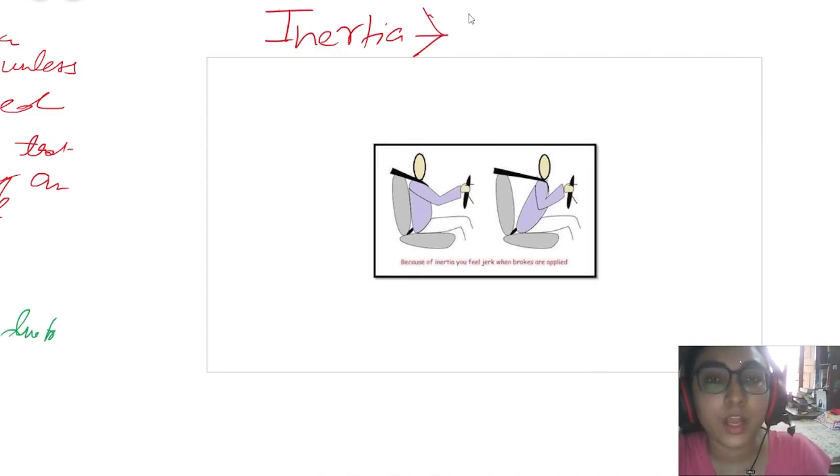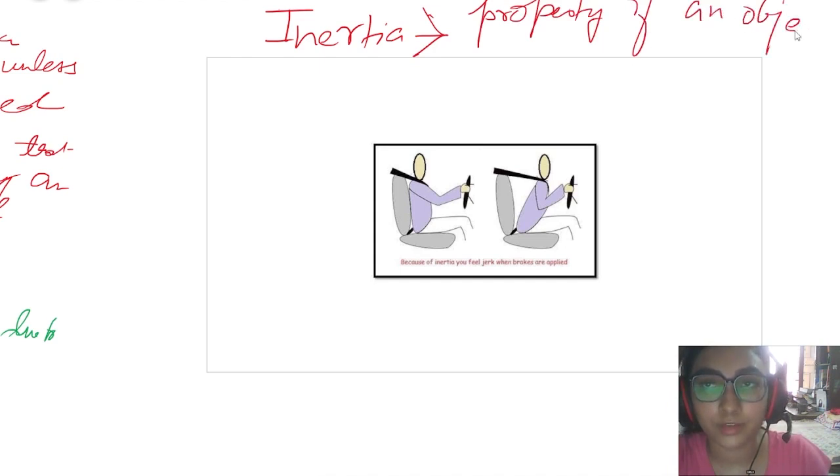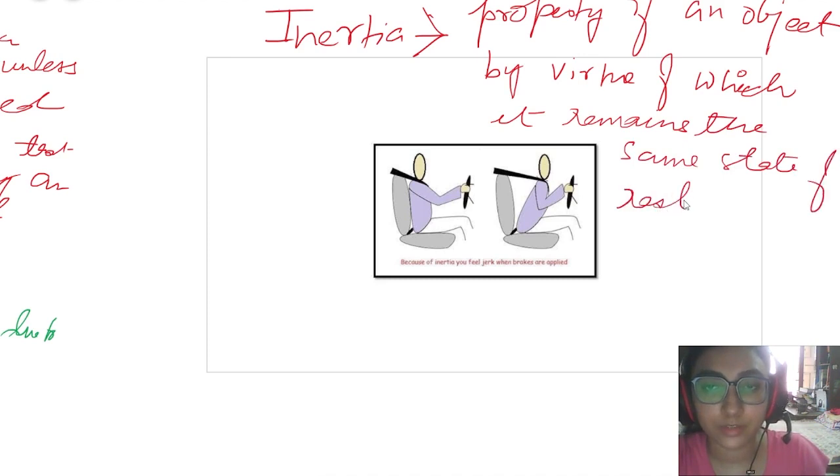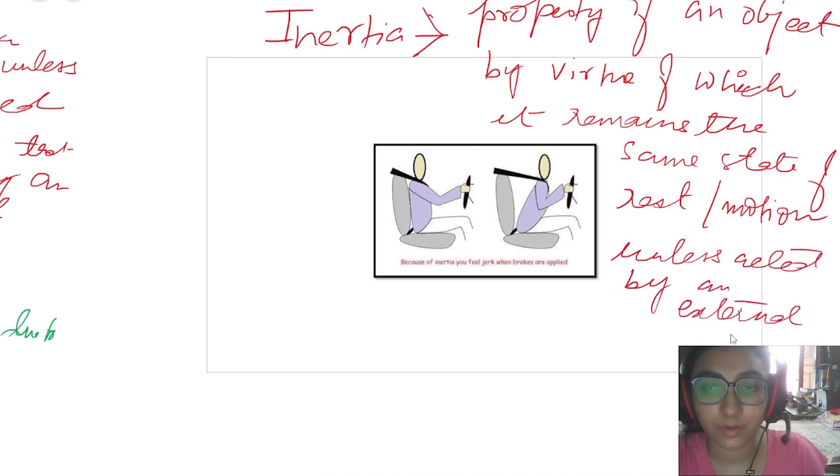It is the property of an object by virtue of which it remains in the same state of rest or motion unless acted on by an external force. Okay?